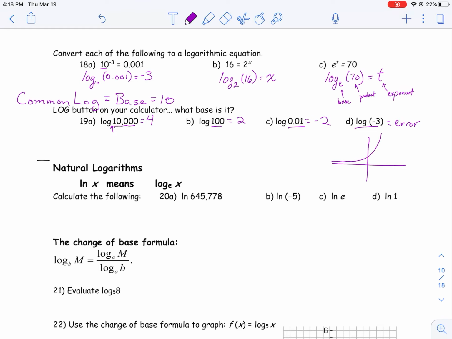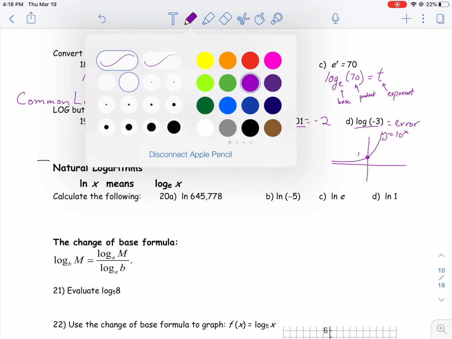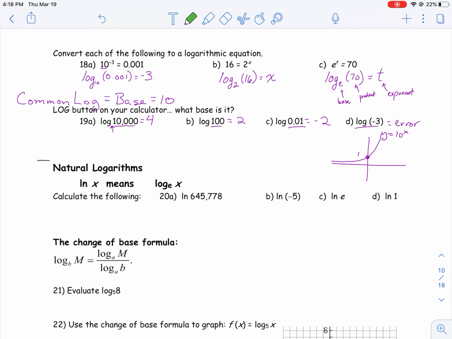If I graphed y equals 10 to the x, it would look something like this with a y-intercept of 1. If I then graphed the logarithmic function, that would be y equals log base 10 of x.